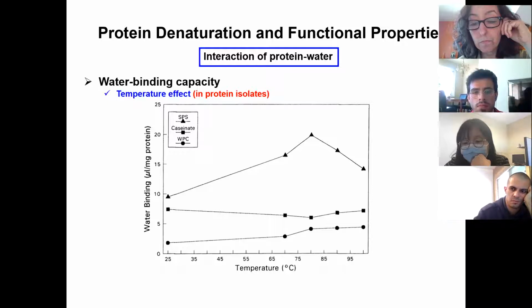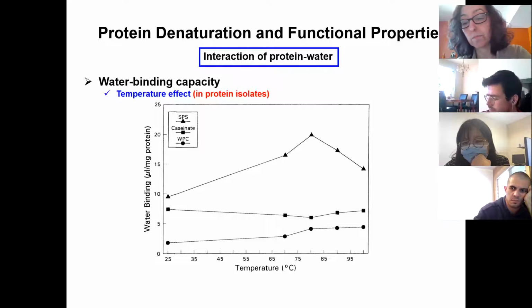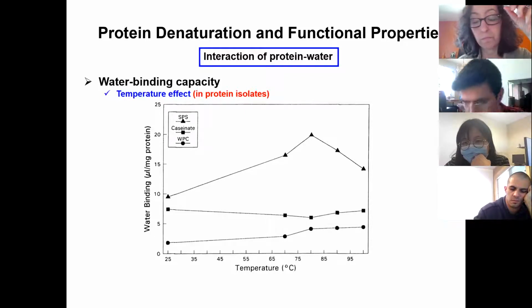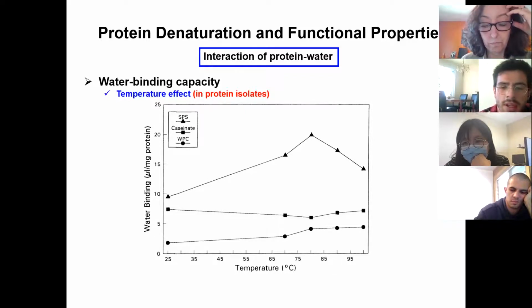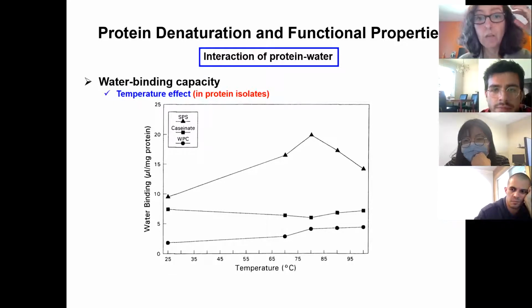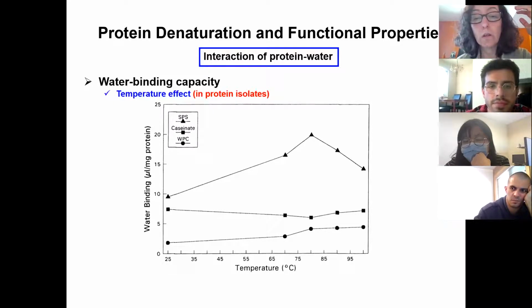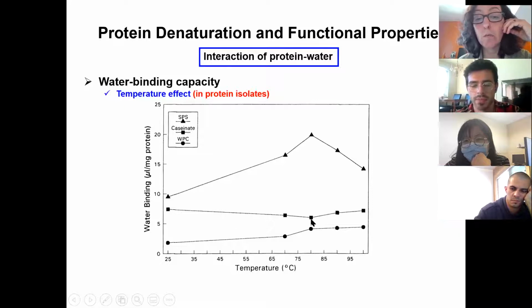After that, because the hydrophobic residues are exposed, they are prone to interact with each other, hydrophobic protein interactions. This causes a reduction in water holding. So in this case, we don't see an increase or a decrease in water holding over temperature for casein, because casein does not do water binding.